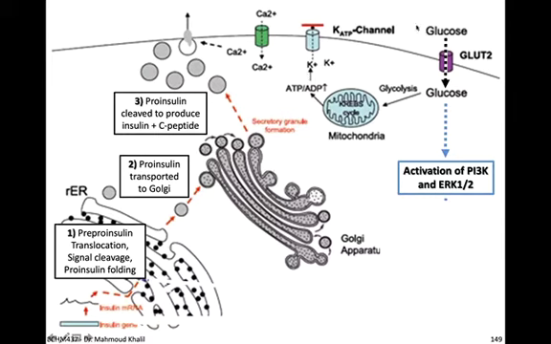In the meanwhile, the glucose outside, due to the effect of insulin, will be translocated inside the cell via a special kind of receptor called GLUT2, the glucose transport receptor. Inside, it undergoes glycolysis and the mitochondria produce energy, and it also leads to the activation of two important pathways, the PI3 kinase and ERK1/2 pathways.